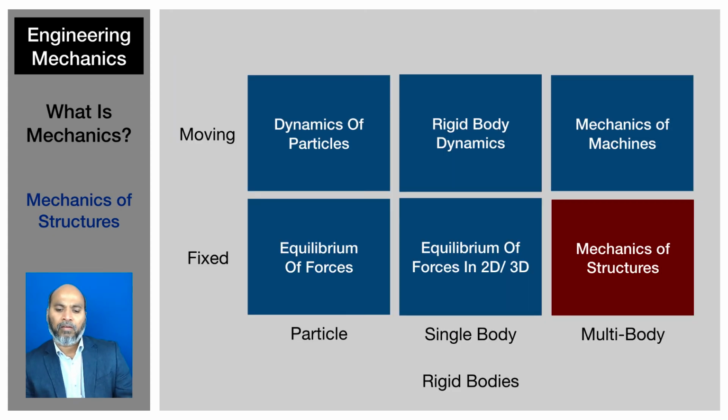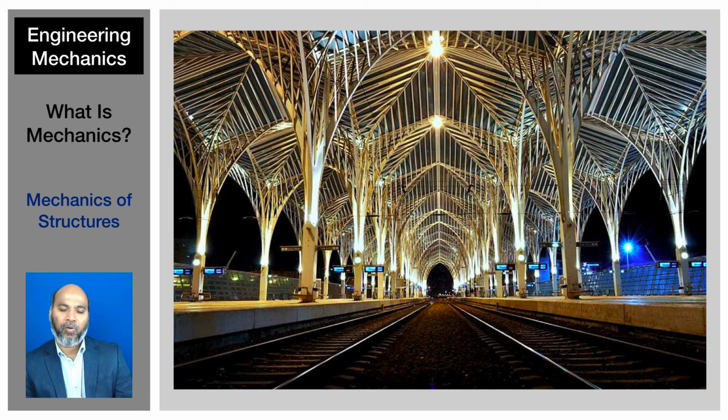Now coming to the multi-body. Multi-body, if it is fixed, it is static. What is an example of a multi-body static? This is the one. It's a truss, where there's a train station in Europe, and you have all the beautiful structure built here. The multi-bodies are basically different members of the structure, the columns and the different elements within the truss framework.